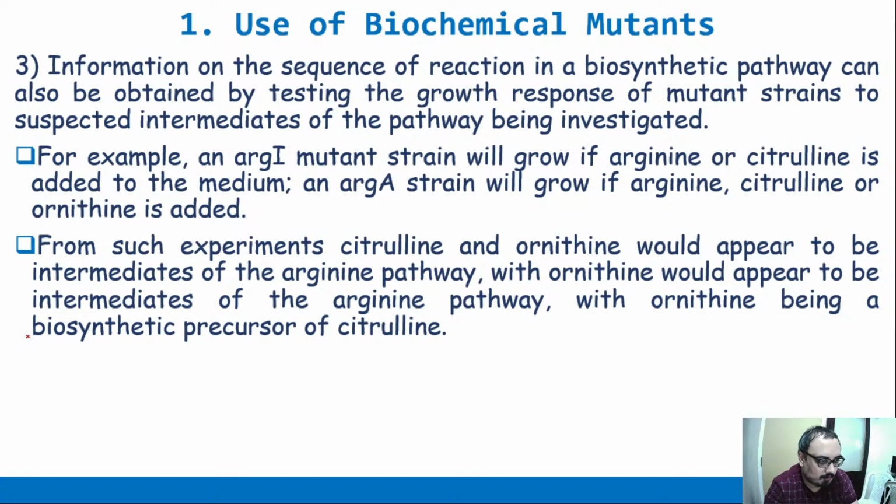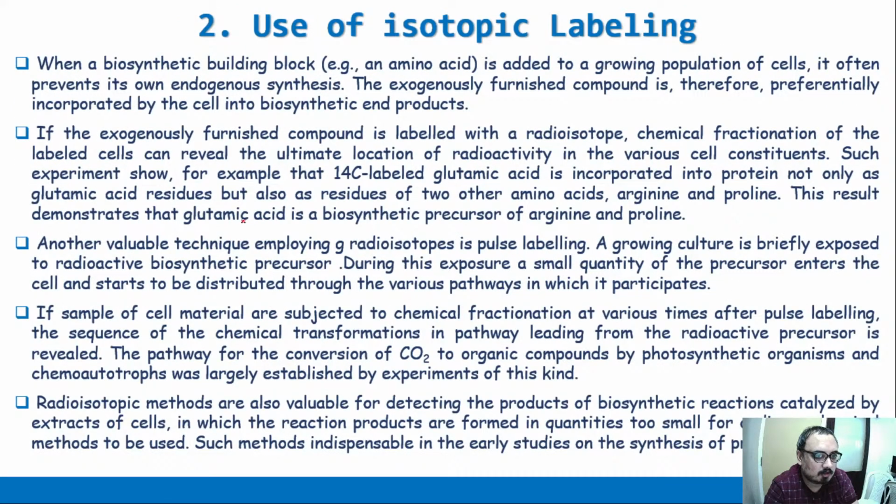We can find out using this method also, as we discussed. Now moving to the last one, which is the use of isotopic labeling, that is, by use of radioactivity.